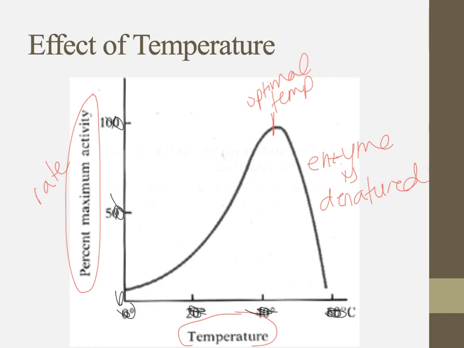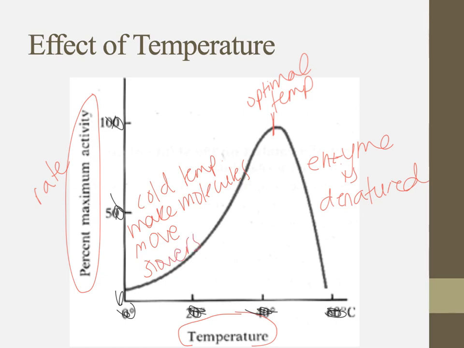Down here, this is having nothing to do with the enzyme, but cold temperatures make molecules move slower. And when molecules move slower, reactions don't happen at as great of speed. That's something that has nothing to do with enzymes.